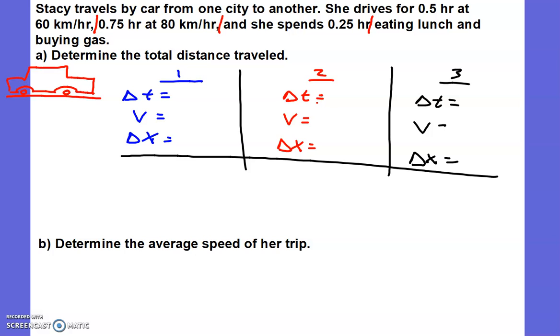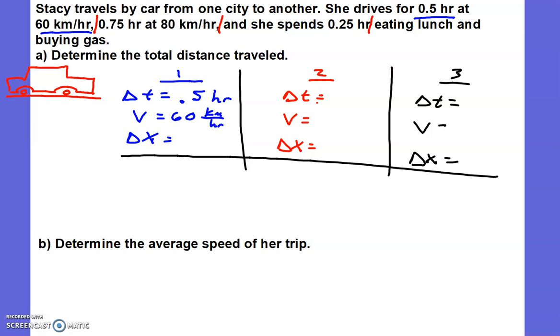In the first part, it says that she drives a half hour at 60 kilometers per hour. Now the half hour tells me her time for that part of the trip. So under delta T, I'm going to write 0.5 hours. And the 60 kilometers per hour tells me her speed for that part of the trip, so I'm going to write 60 kilometers per hour.